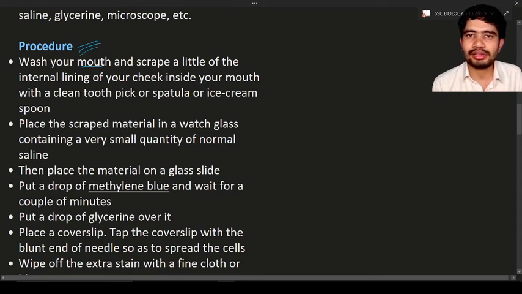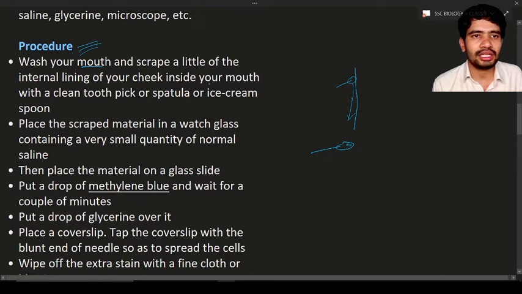Let us consider this is the cheek. With the help of the spoon, slightly drag it outside. As a result, at the end of the spoon you will see a small tissue. Take this material. This material is nothing but your cheek cells attached to the spoon.